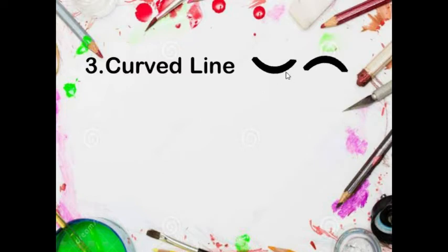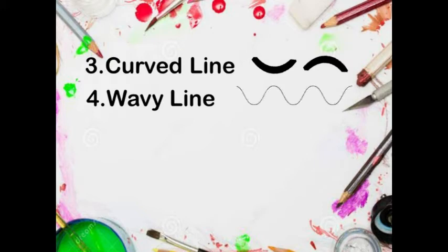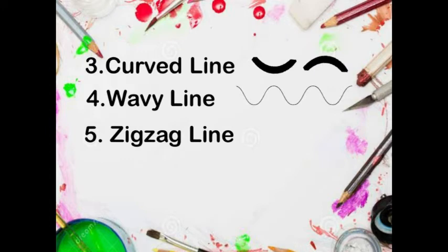Next one is the wavy line. Wavy lines are slightly curved lines alternately up and down, and it is continuous, just like this. That is a wavy line, just like the wave of the ocean. And next one is the zigzag line.